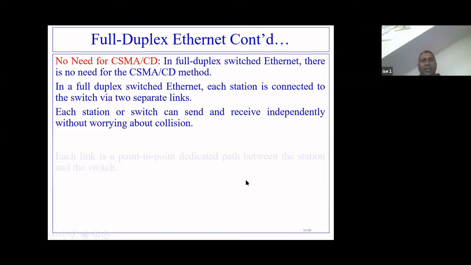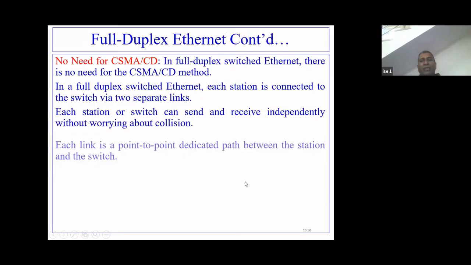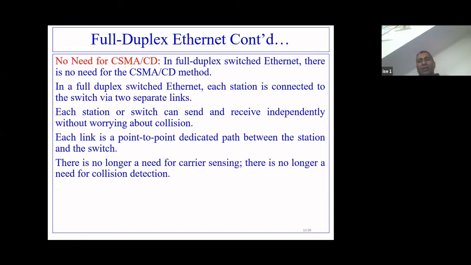Each link was a point-to-point connection between the host and the switch. So no longer was carrier sensing required. If any station wanted to send the data, it would send it to the switch. The switch sees to which station the incoming data should go, and transfers the data to that particular station, because each station had a separate line for receiving the data and a separate line for sending the data.